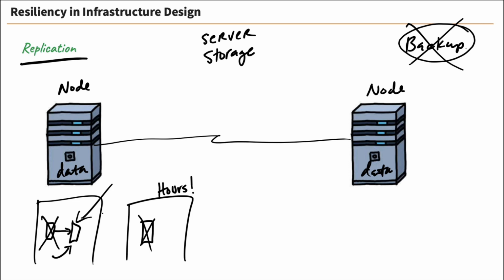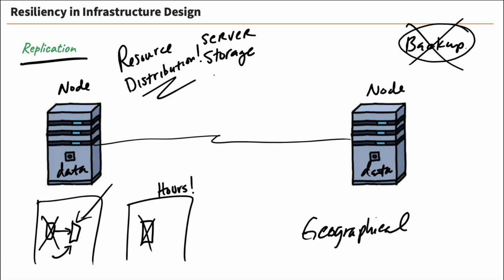But even better would be to replicate these across a geographical distance. Remember, we talked about resource distribution and that it was good that we replicated data, or we had our data in more than one place. Well, this is an example of that resource distribution, without a doubt.